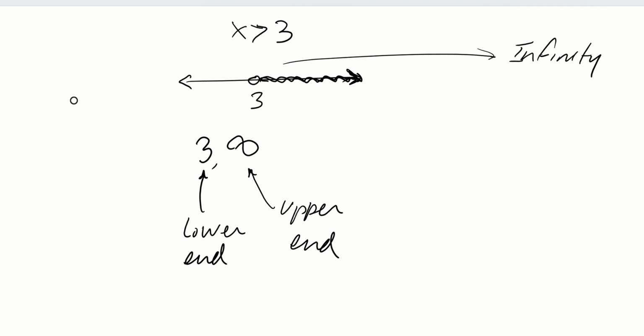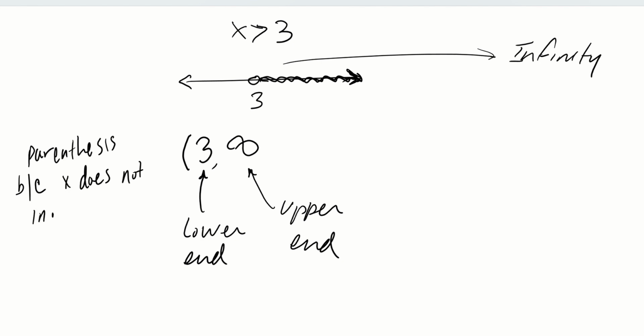Now, because our lower end does not include 3, it just says x is greater than 3, I'm going to use a parentheses on this side, because x does not include 3.